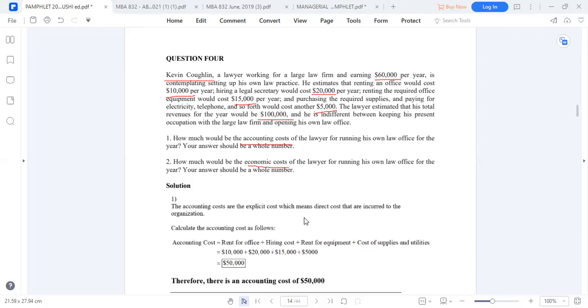They include factors of production like wages, rental, material costs, etc. All these encompass what we call accounting costs.